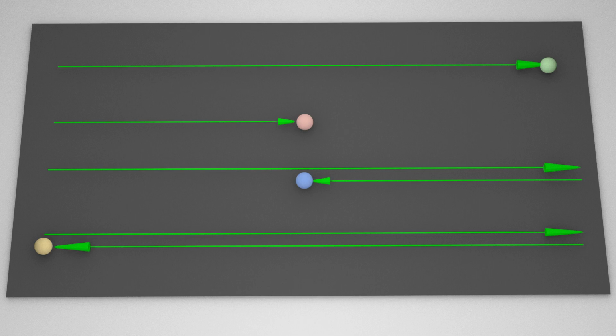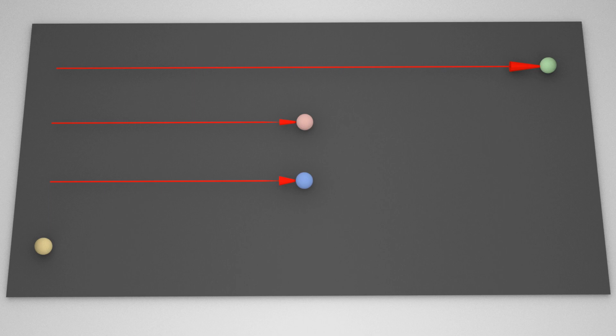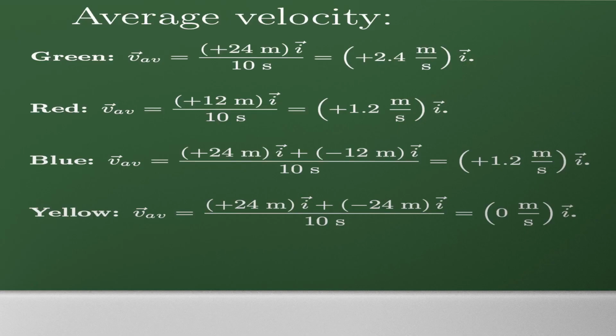Now, when we look at the blue particle, we can have a problem if we don't understand the terms displacement and average velocity. Although the motion of the blue particle is different from the motion of the red particle, their average velocities must be the same because they have the same initial and final position. This is also shown in the calculation for average velocities of those two particles.